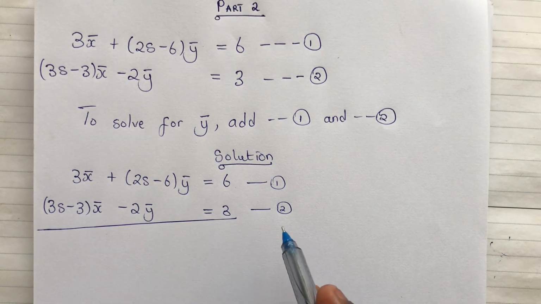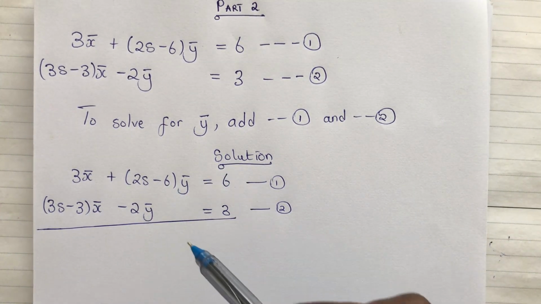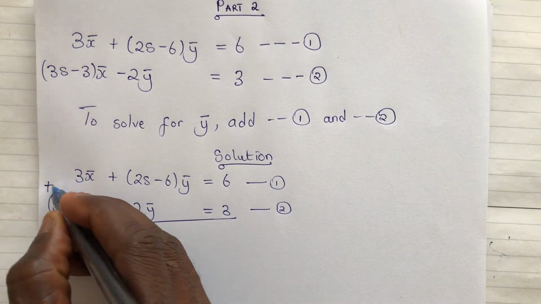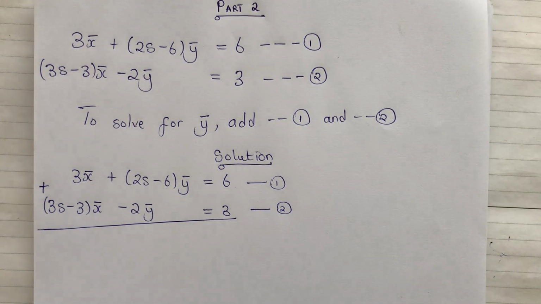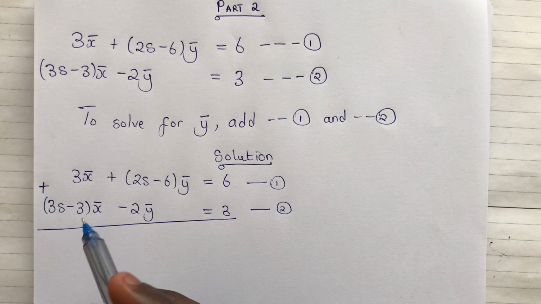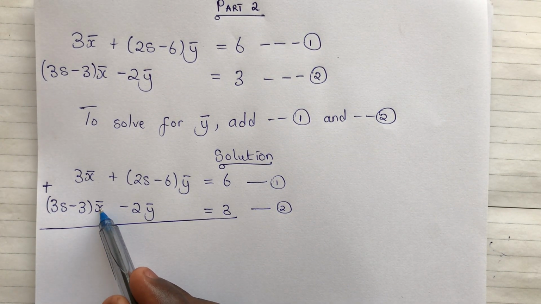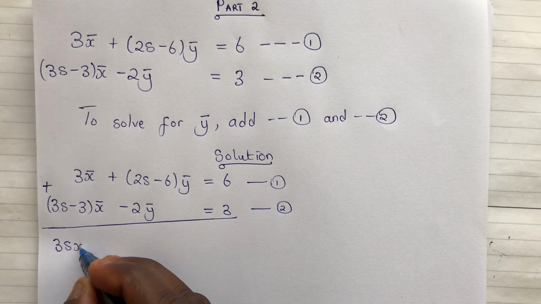So you underline this. I don't want to do this in a lengthy form, so I decided to write both equations up and down. Once we underline this, we add equation 1 and 2. So this plus this. Let's do it one by one. Let's expand the bracket first. We have x bar times this, giving us 3s x bar.